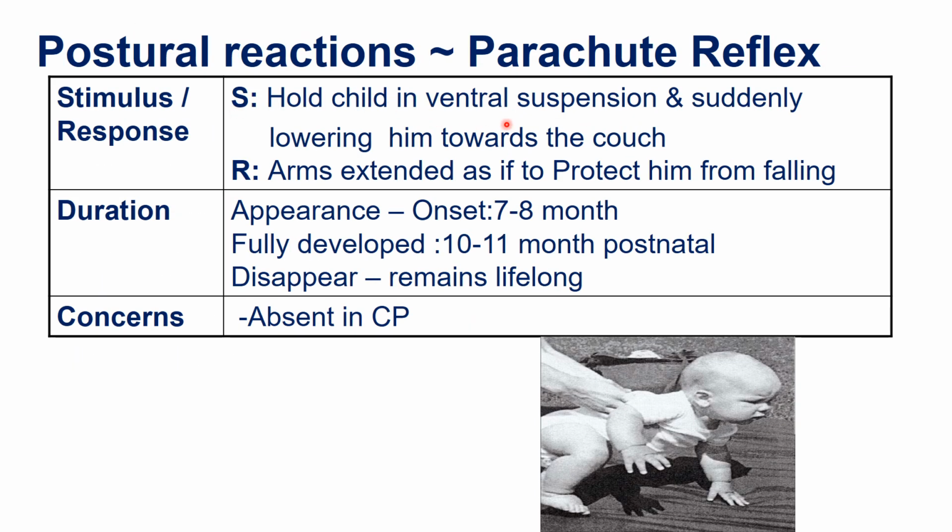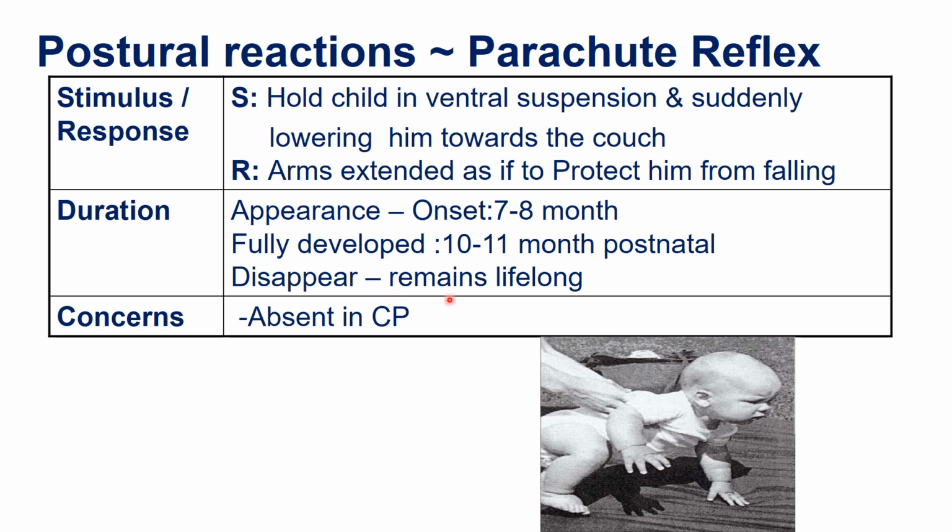Postural reactions or the parachute reflex. Here the stimulus is to hold the child in a ventral suspension and suddenly lower him towards the couch. When you do this, the baby extends the arm as if protecting himself from falling. So this is one of the protective reflexes. It appears at around 7 to 8 months of age and is fully developed by 10 to 11 months.